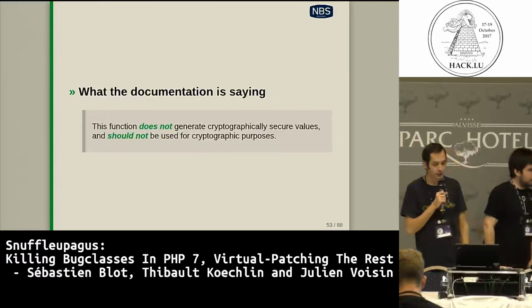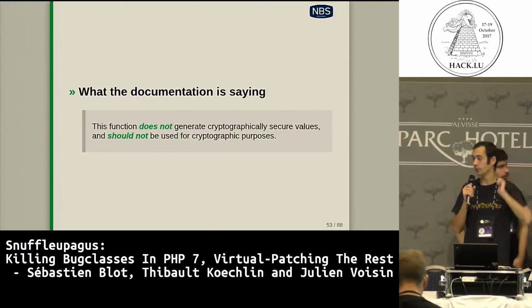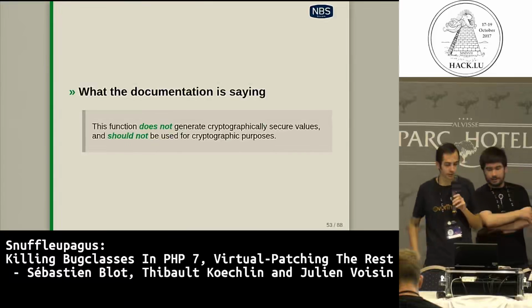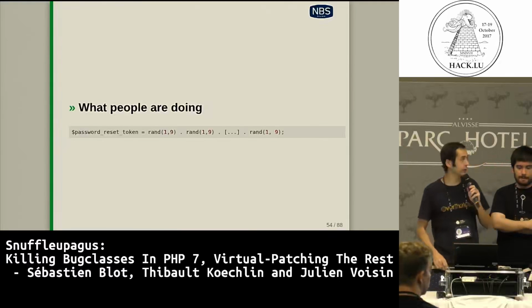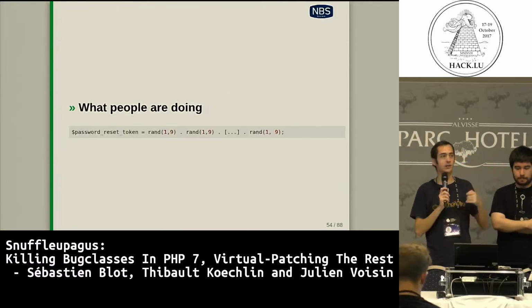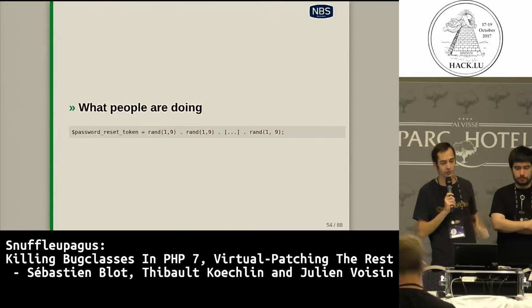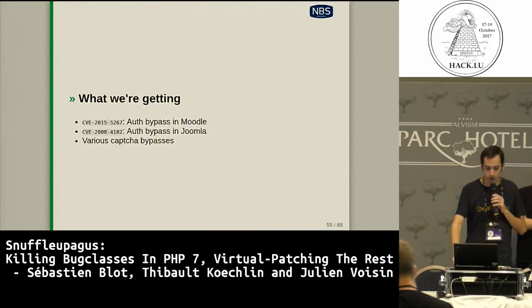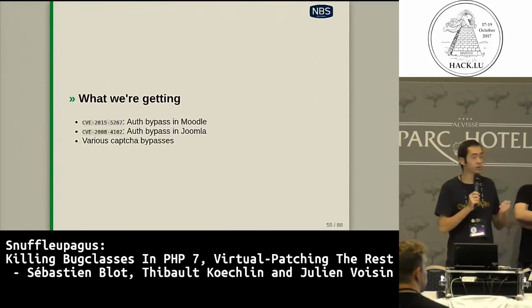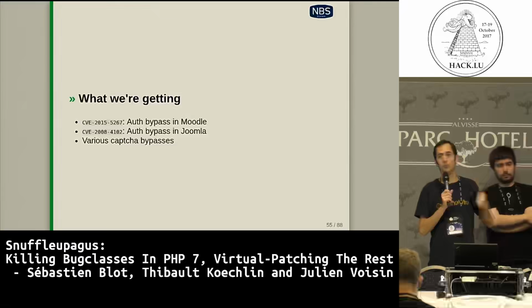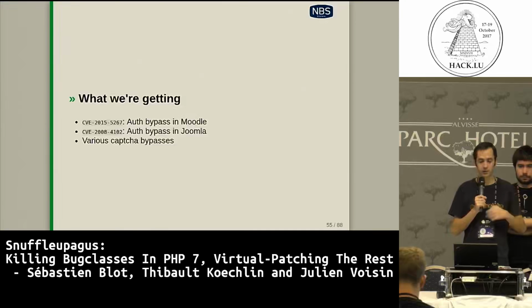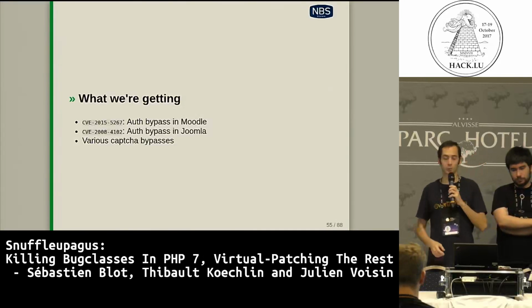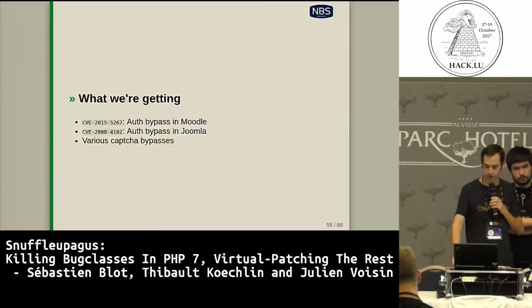So once again, the documentation warned developers about the possible use and limits of rand. And again, as it seems to be quite a trend, people are obviously ignoring this and using rand for things like reset tokens, 2FA authentication, etc. And thus we are getting quite some public vulnerabilities, but most importantly, there are a lot of vulnerabilities in smaller applications that don't get any publicity, and where weak usage of rand can be abused by attackers to bypass authentication or things like this.